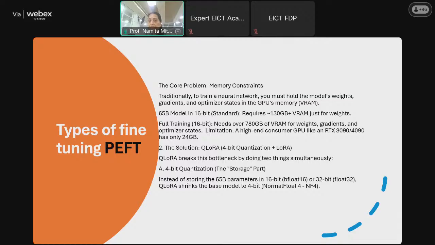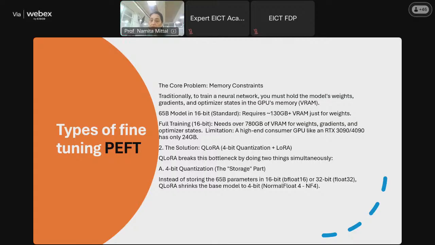First is 4-bit quantization, the storage part. Instead of storing the 65 billion parameters in 16-bit or 32-bit, QLoRA shrinks the base model to 4-bit. It means the base model is compressed to a 4-bit model, and then you do whatever you want for a new or specific task, that is fine-tuning.